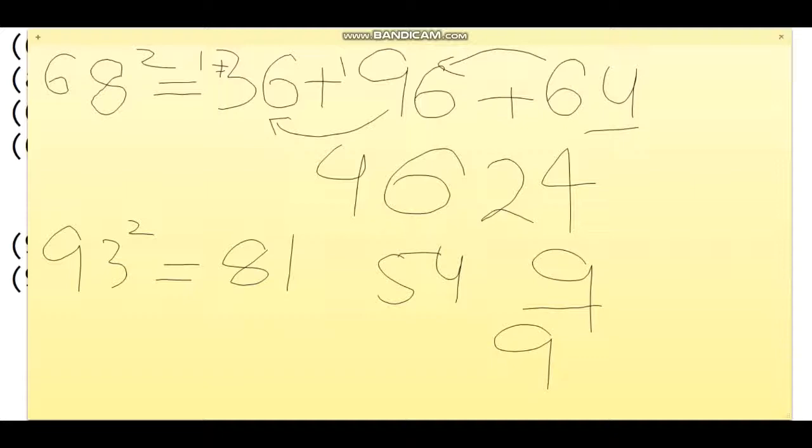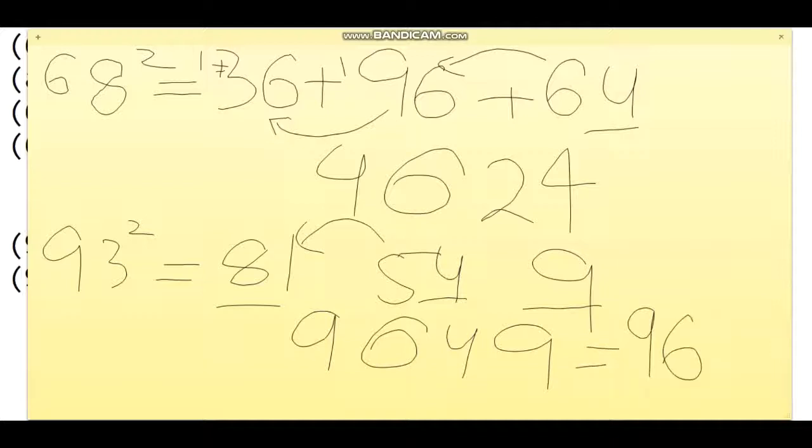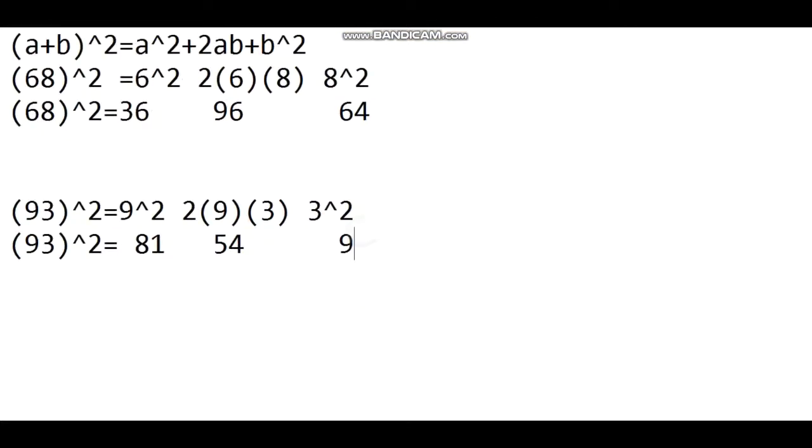So 93 square becomes this. The 4 you can write as it is, 5 goes here and you can write it as 6, and this 8 you can write as it is. So it becomes 9649.